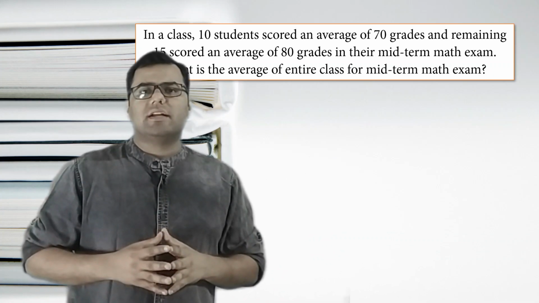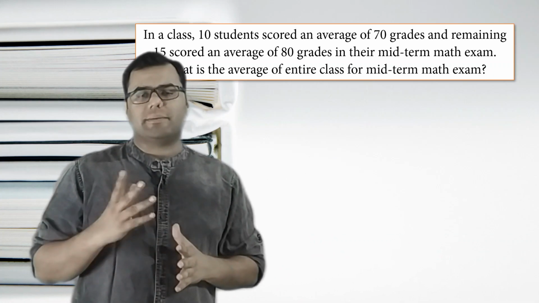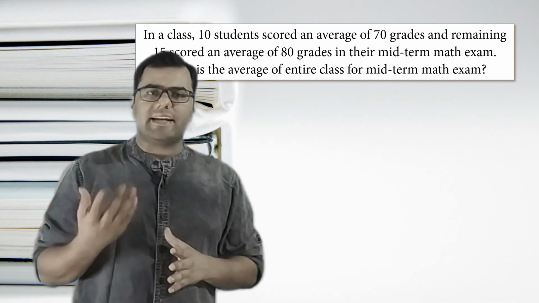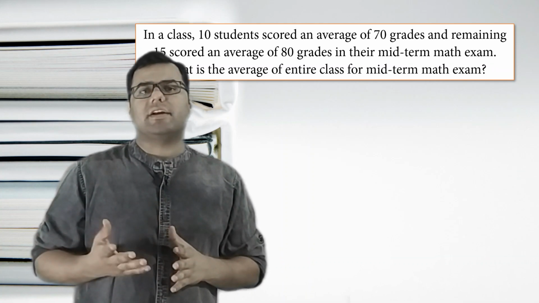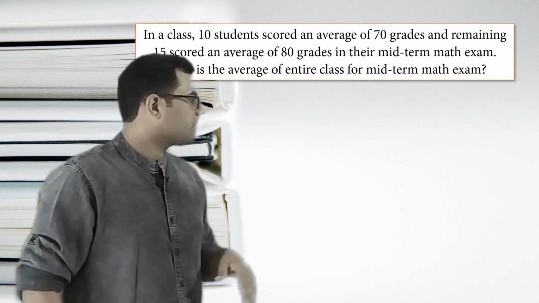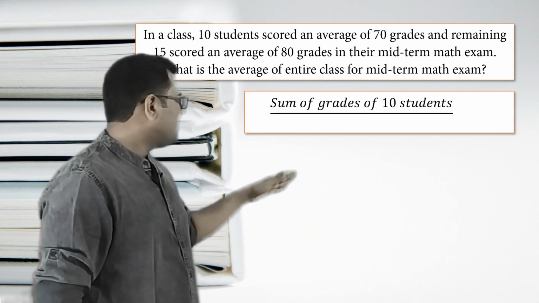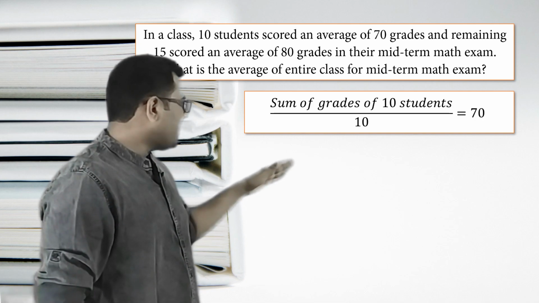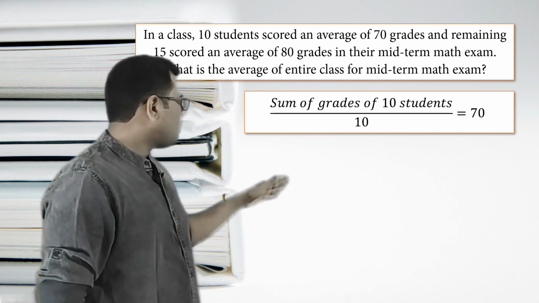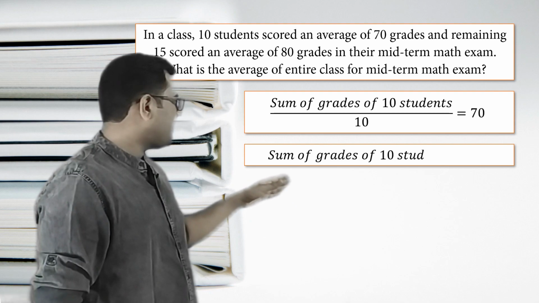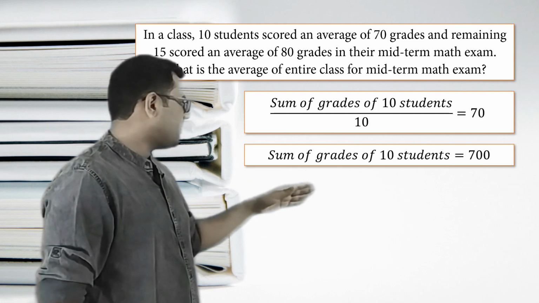I'll convert the first linguistic statement into a mathematical equation, and the second linguistic statement into a second mathematical equation. I'm going to write something like this: sum of grades of 10 students divided by 10 equals 70, or sum of grades of 10 students equals 700.